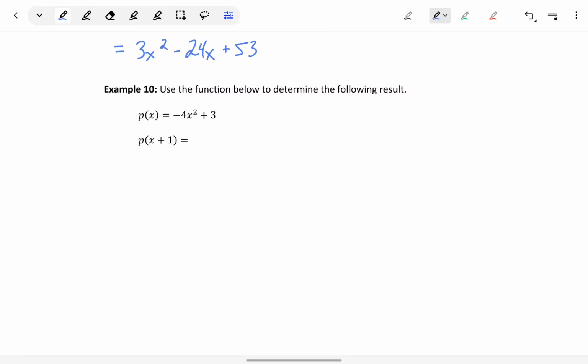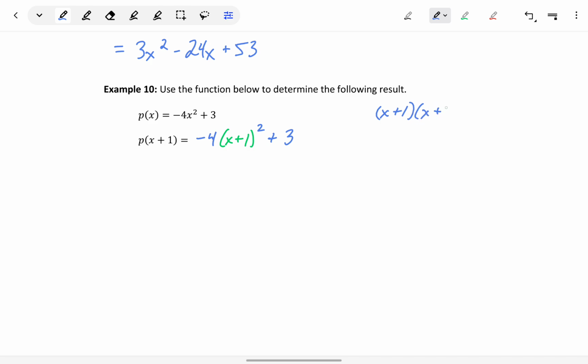And then we'll do the same thing when we look at example 10. We'll take -4 times this quantity x plus 1 squared plus 3.